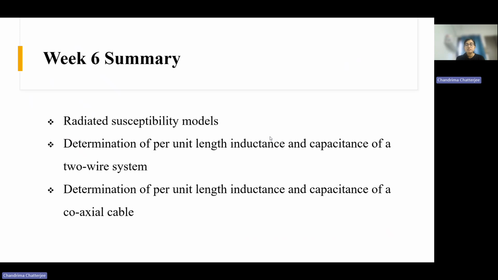In the last week, we discussed the radiated emission caused by differential mode currents and common mode currents. We also saw that the radiated emission caused by differential mode currents is not very detrimental in the sense that they are subtractive in nature.